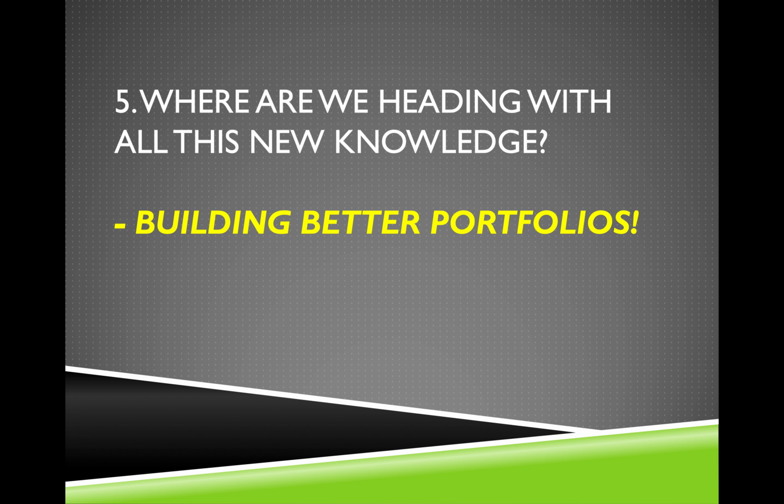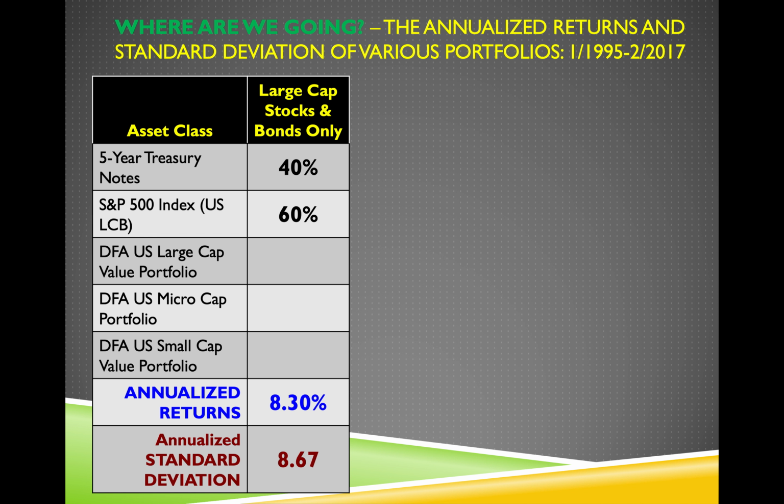We're going to be applying all of this as we construct portfolios. And we'll just take an example. This example uses returns and standard deviations over a period from 1995 to early 2017. So if we were to just build a typical portfolio, 40% 5-year Treasury notes, so an intermediate term bond with no default risk, the U.S. Treasury notes, and just large company stocks.